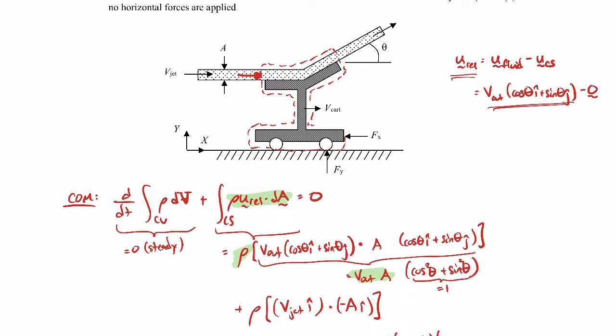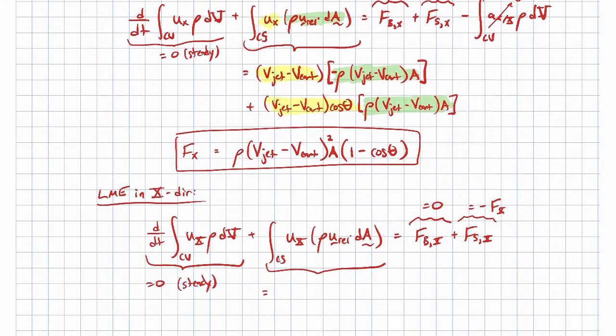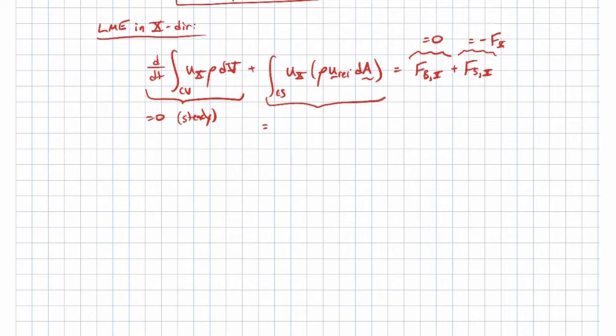It's just the velocity of the fluid using our coordinate system when it crosses the control surface. So this is just v jet. It's not v jet minus v cart. It's because the velocity of the jet using that coordinate system is just v jet, and that's in the positive x direction. So this one all the way down here is just v jet. Okay, so that's this yellow term that I'm highlighting.